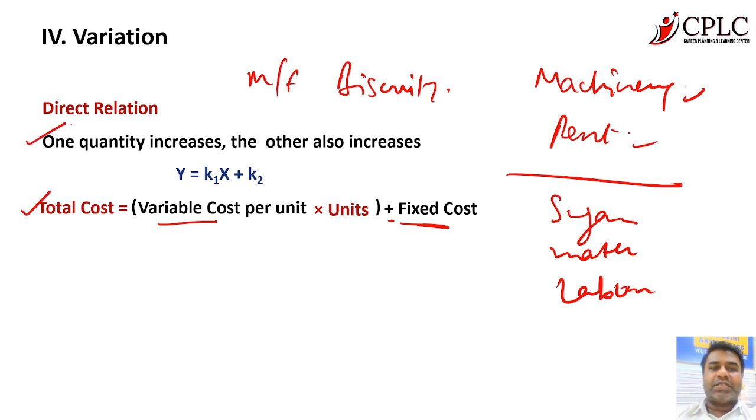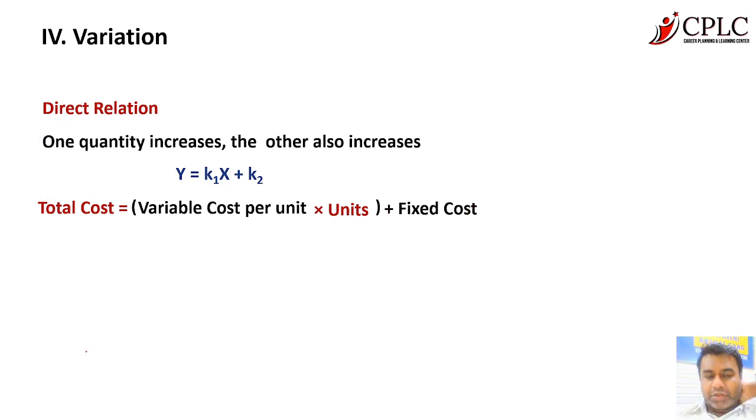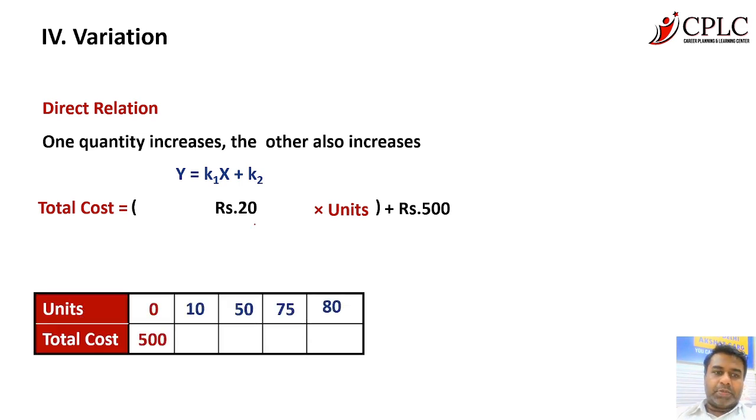The relation remains same. If the units increase, the overall total cost will also increase except the fixed cost, because fixed cost is fixed, so it will remain same. Okay. So let us take some values. If the fixed cost is 500 and if the cost per unit is 20, so let me draw a table. If I am manufacturing no units, then I will have to pay 500 only.